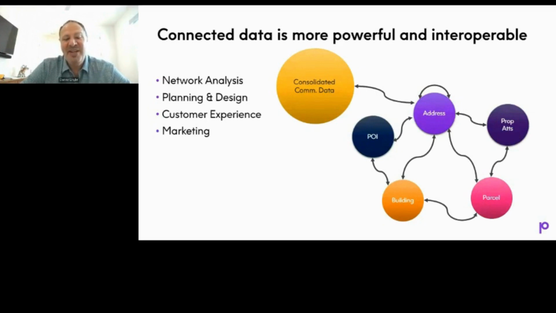So by having all these additional attributes connected with your customer information, your network information, your inventory information, you've now got that great view where you can provide, number one, excellent service to your customers. You have the insight to make decisions about what you're going to campaign to your customers.